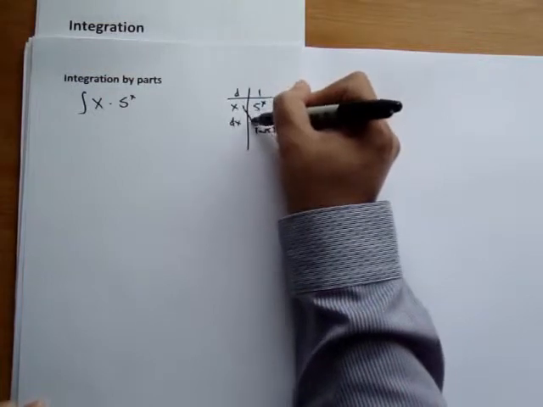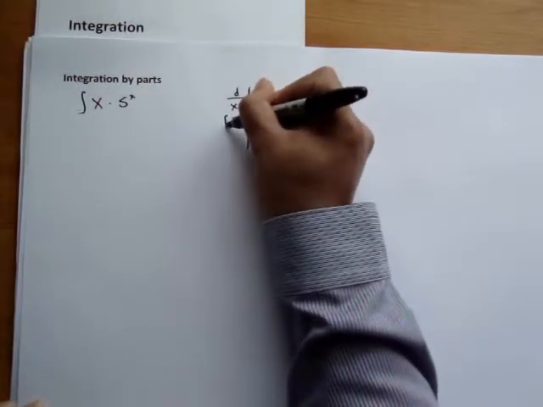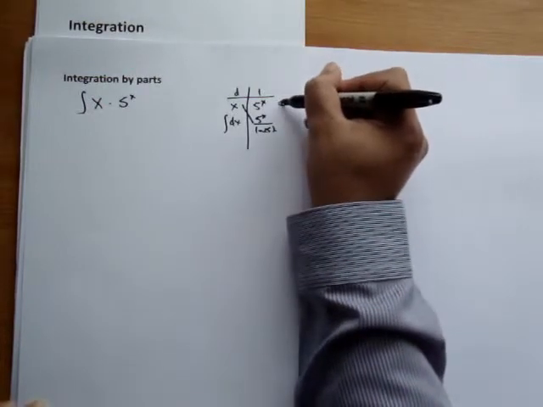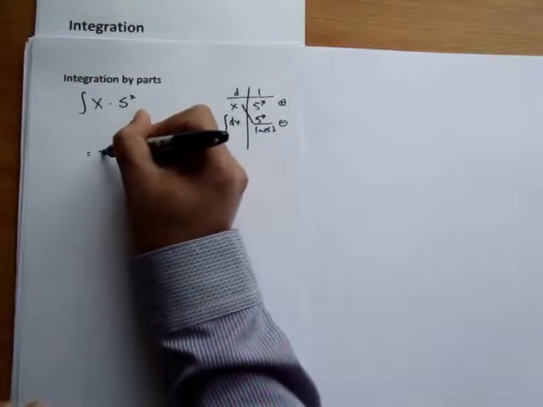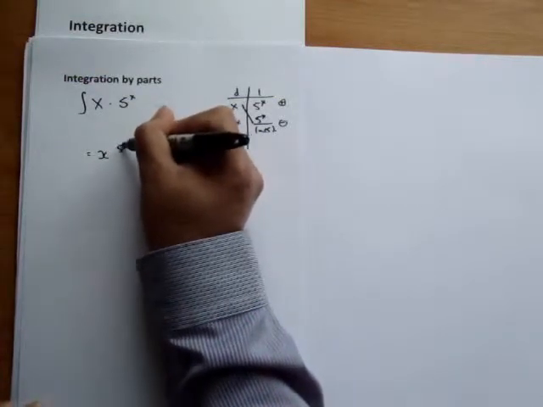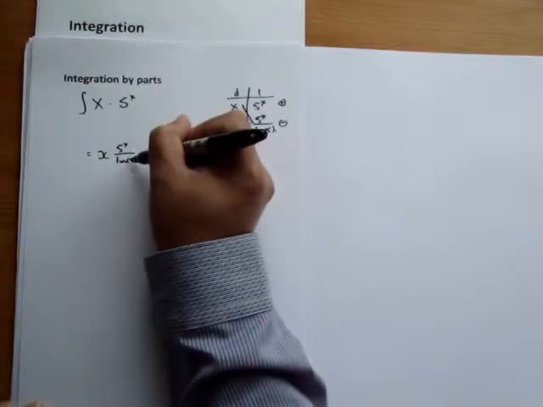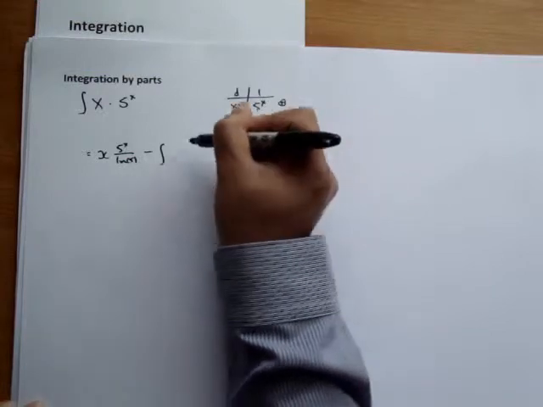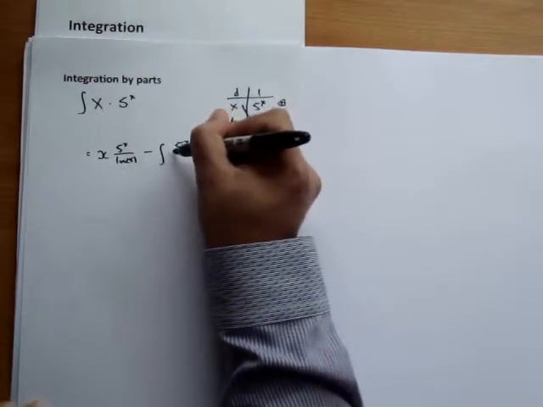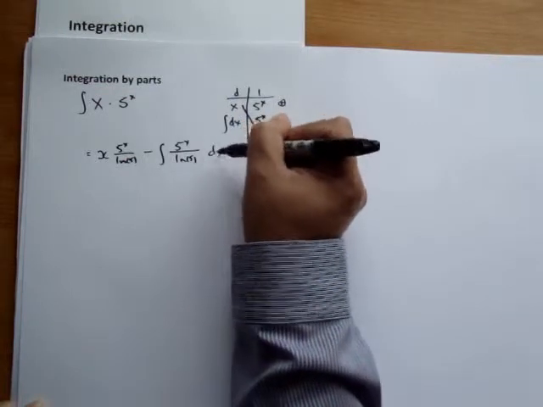Do our line across, we're going to multiply that way, and then we're going to integrate here. This is a plus, this is a minus, so this becomes x times 5 to the power x over natural log of 5 minus the integral of 5 to the power x over natural log of 5 dx.